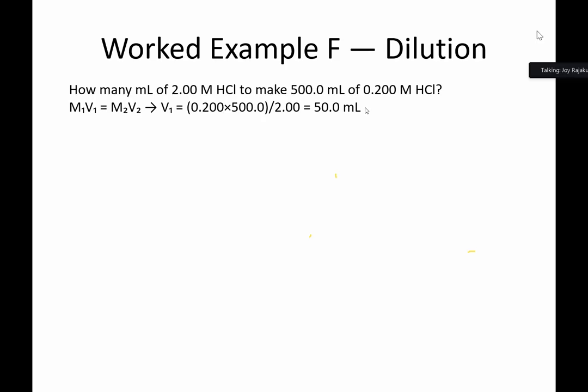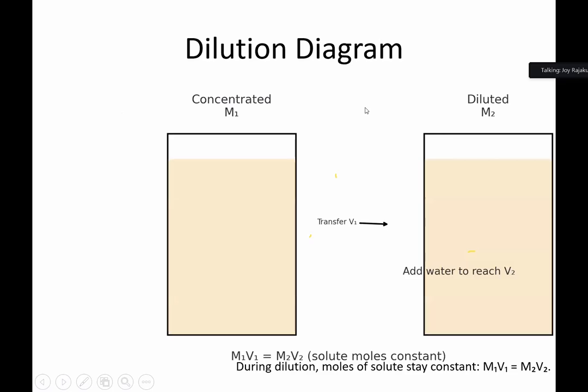Now what are you going to make? You are going to make this one. So you have to define the milliliters. I gave you the equation there: M1 V1 equals M2 V2. M means the concentration, V is the volume.